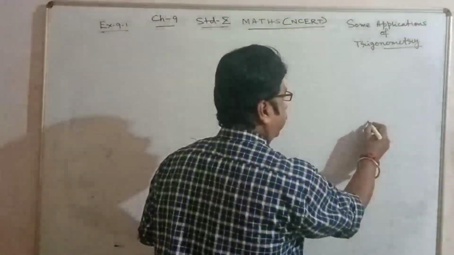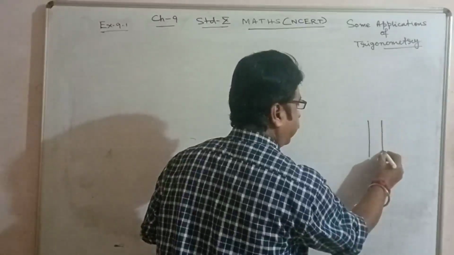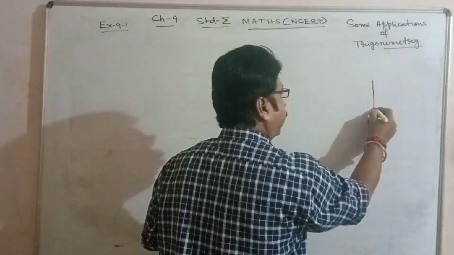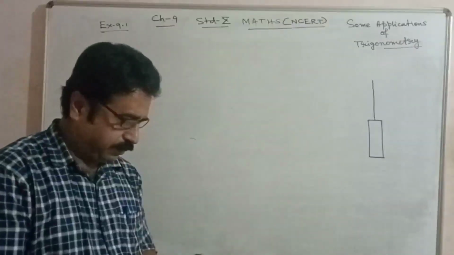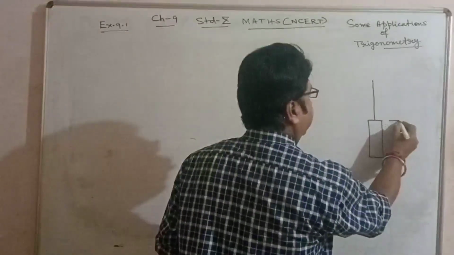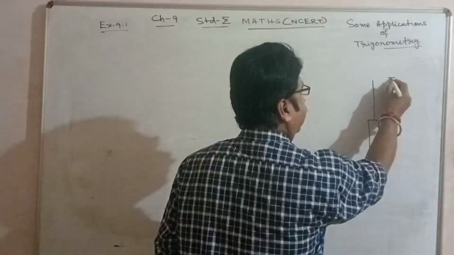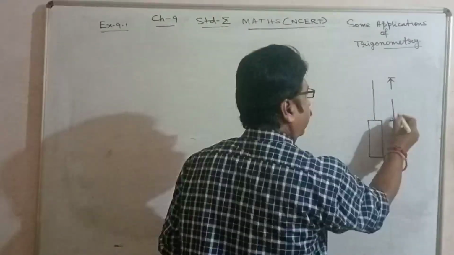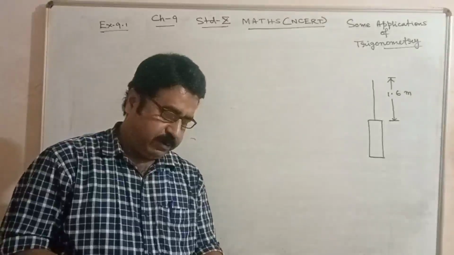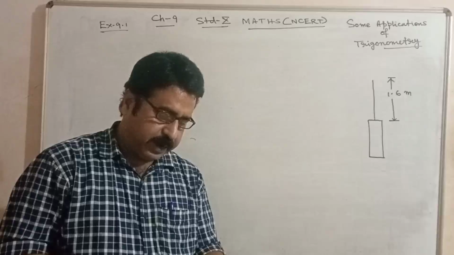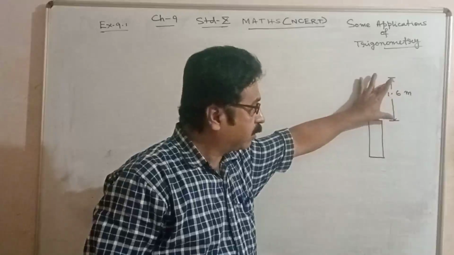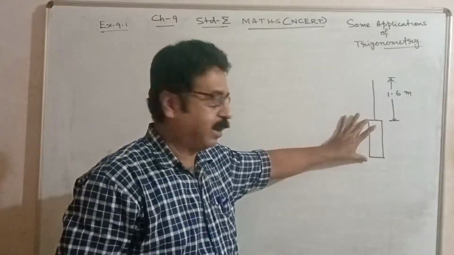Suppose this is the pedestal and this is the statue. It is given the height of the statue is 1.6 meter. A statue 1.6 meter tall stands on the top of a pedestal. That means this is the statue 1.6 meter tall standing on the pedestal.